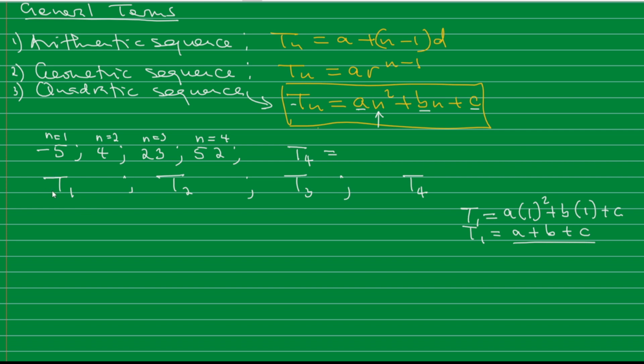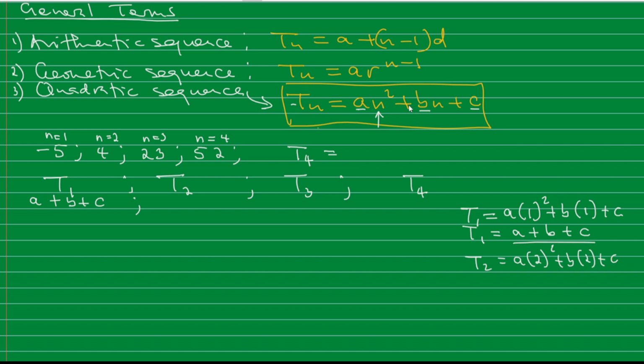So I can write here under T1 that the first term is always a plus b plus c. Now let's find T2 in the same manner. The position is 2, so we substitute 2. We have a times 2 squared plus b times 2 plus c.